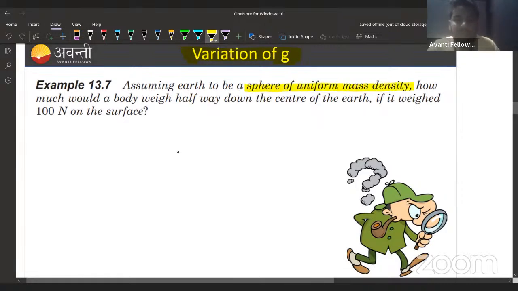How much would a body weigh halfway down to the center of the earth if it weighed 100 newton on the surface? Meaning if the weight is 100 newton on the surface of the earth and we are going down and down and down, at what depth will the weight become half, meaning 50 newton? So I'm giving you 2 minutes.